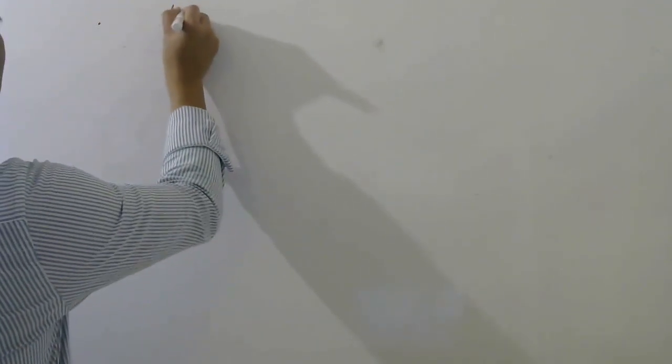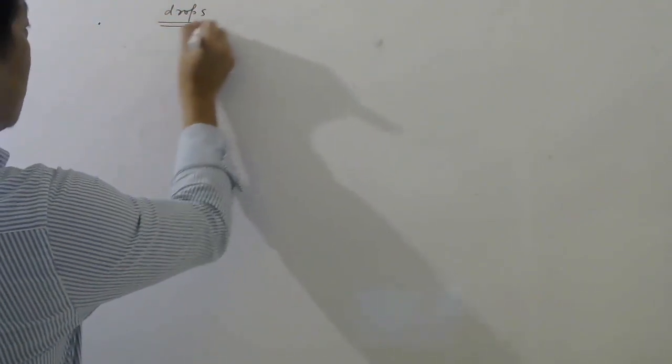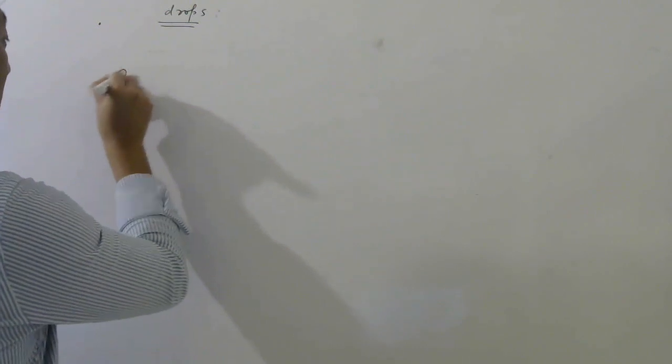Okay, let us now discuss some problems which are based on something called drops. Let me call it just drops. Why I'm calling it drops is because the question is something like this.